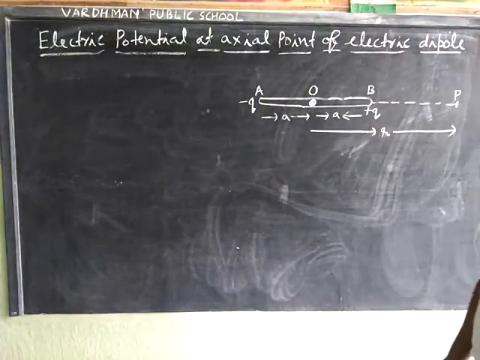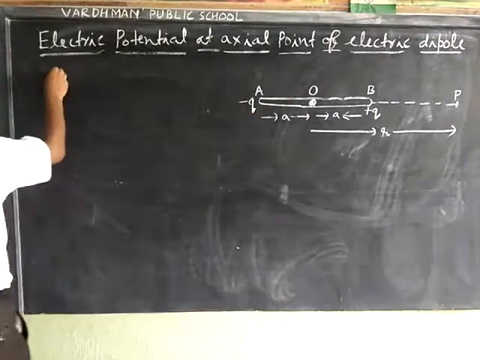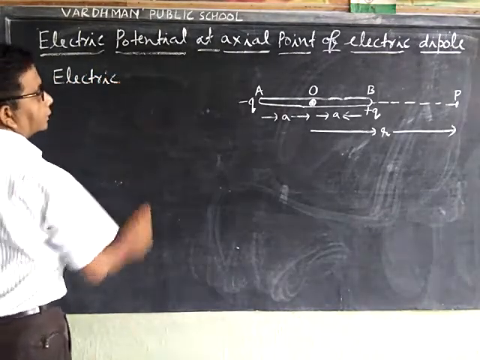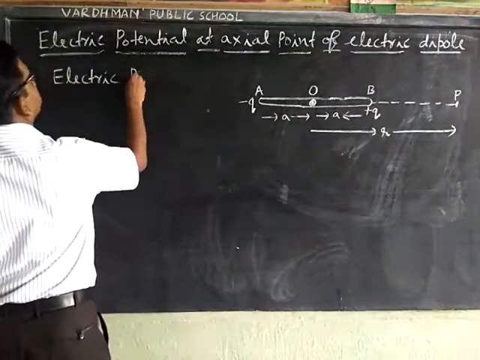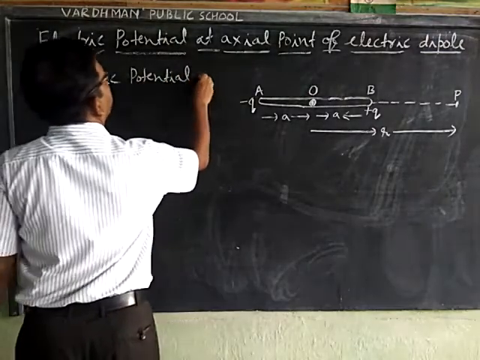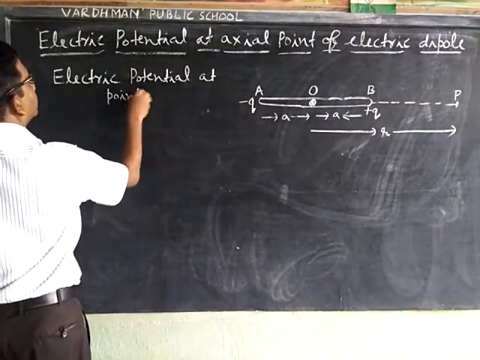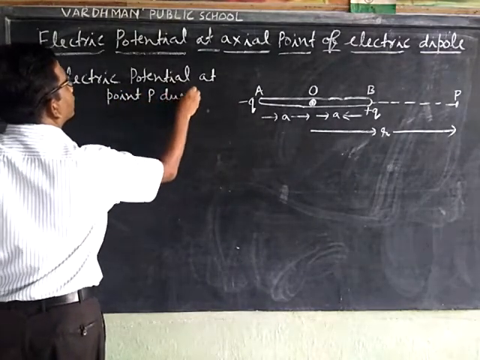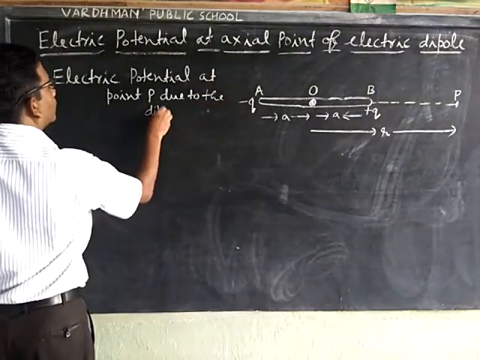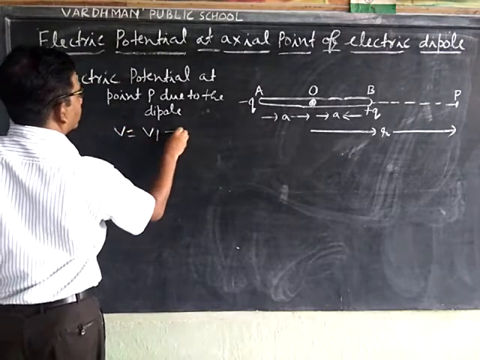Now electric potential at point P due to the dipole, that is V is equal to V1 plus V2.